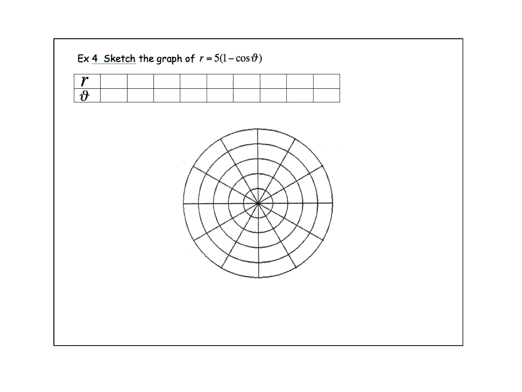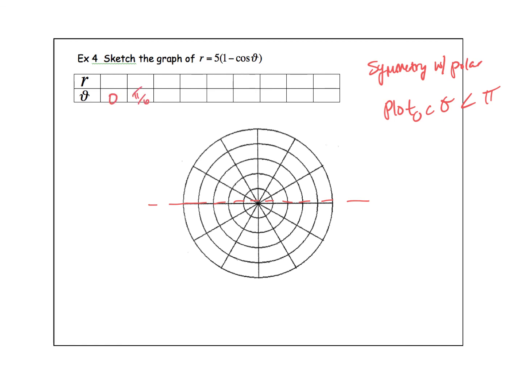So we are going to have symmetry with respect to the polar axis. That means we can plot theta between 0 and pi. That'll give us everything at the top half, and we can then bring it back down. Okay?